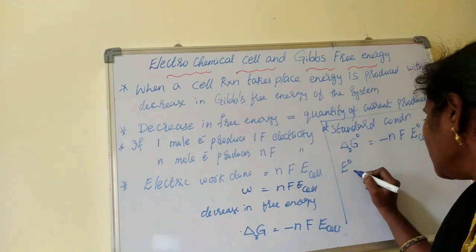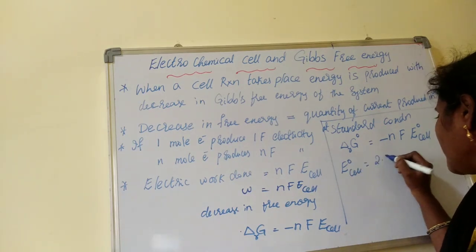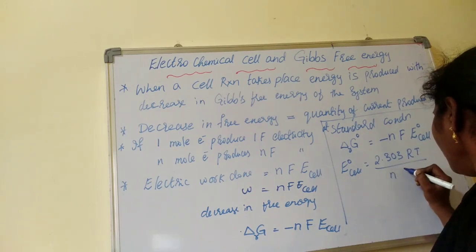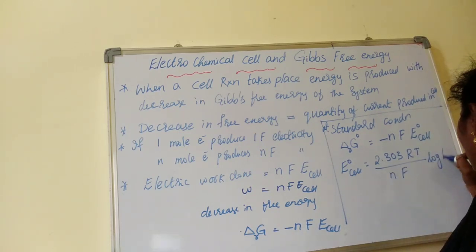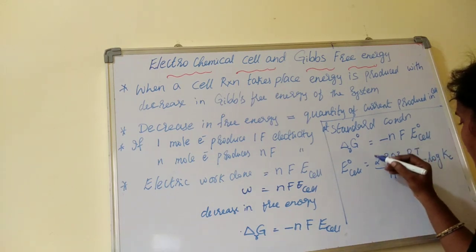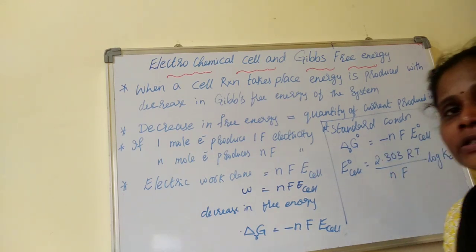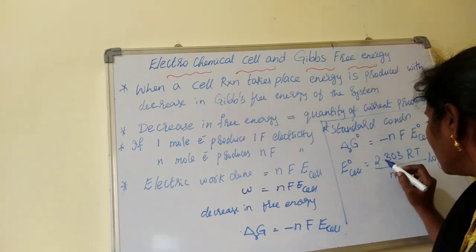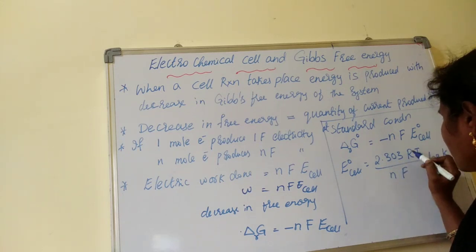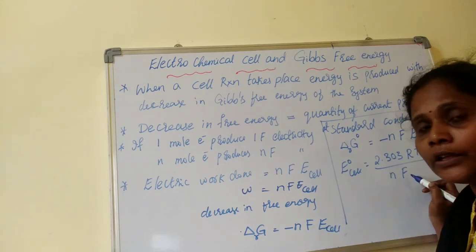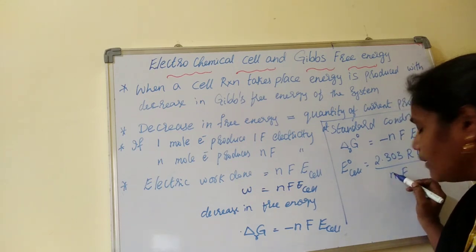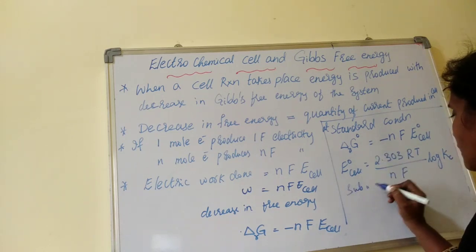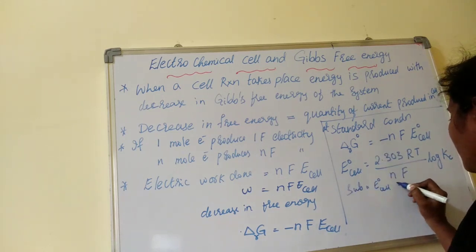E naught is equal to 2.303 RT by nF log Kc, or else we can also substitute this as 0.059. Doesn't matter. According to your problem, you can substitute that equation. Instead of 2.303 RT by F, substitute R, T and F, you will get 0.059 by n. Okay. Now, substitute E naught cell in the above equation.